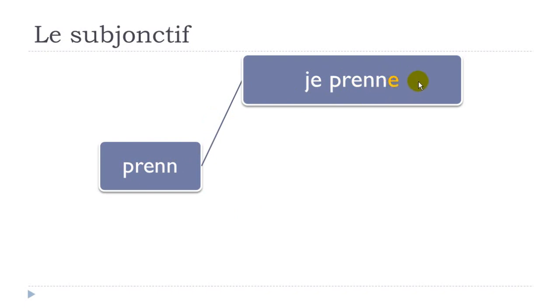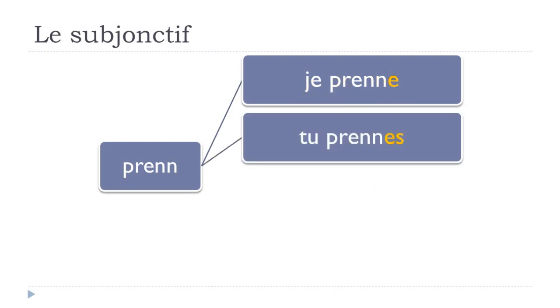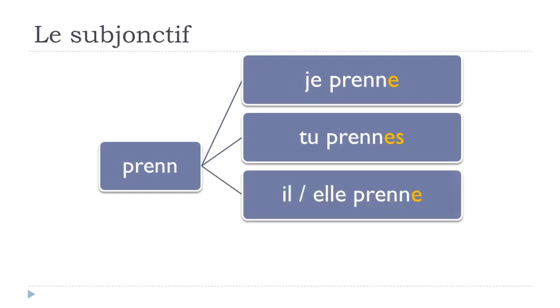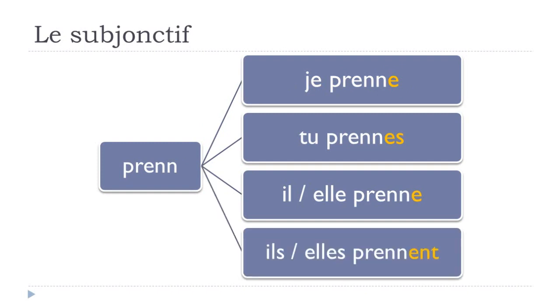Je, so we take it back, have a look, it goes here, and we put the ending. The ending for je will be e, okay? The ending for tu will be es. The ending for il, elle will be e, and the ending for ils, elles at the plural form will be ent, okay?